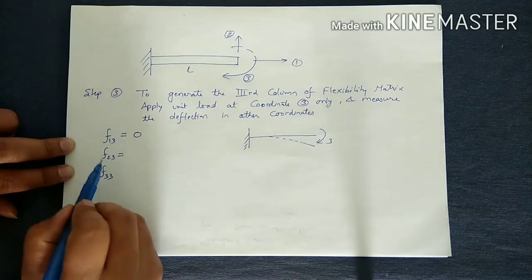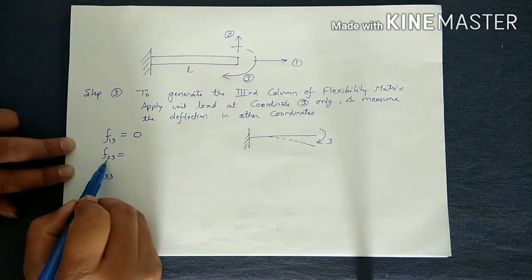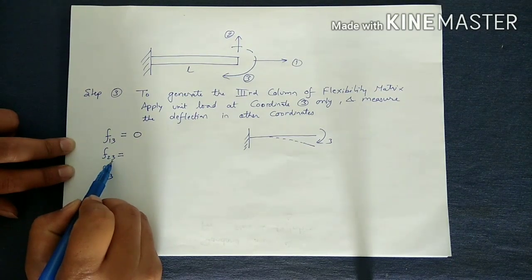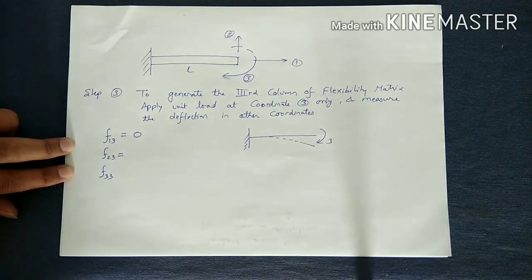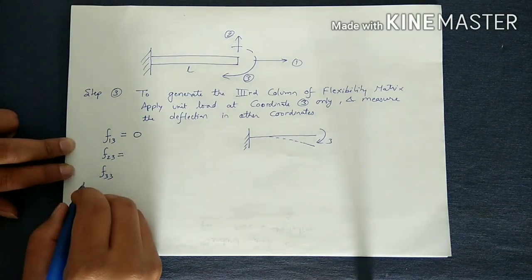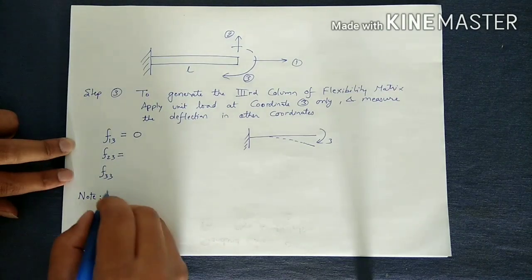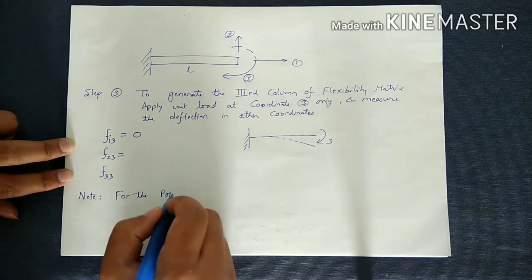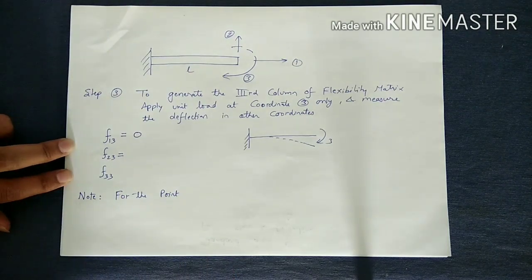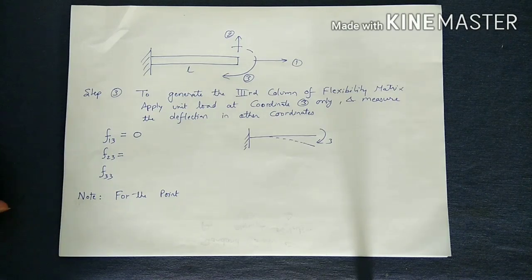Now, flexibility at 2 when unit moment is applied at 3. For this case, we should apply this note: for the point load, we will take deformation as deflection delta of the coordinate at which unit force or moment was applied.